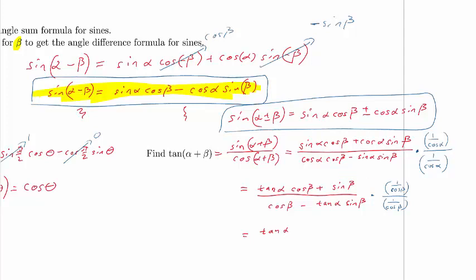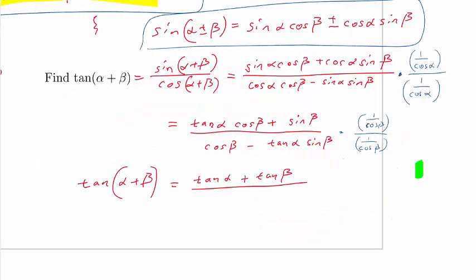Sine beta divided by cosine beta, well, that gets us tan beta. And so next we have cosine beta divided by cosine beta over 1 minus tan alpha tan beta. All right, so we've got a nice formula for tangent of alpha plus beta, and this is strictly in terms of, sorry, I didn't mean to erase that, strictly in terms of tan alpha and tan beta.